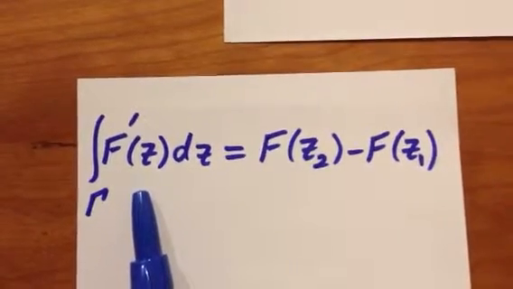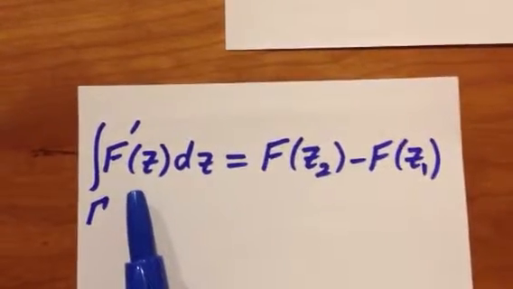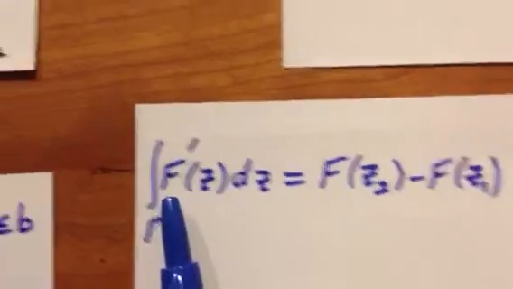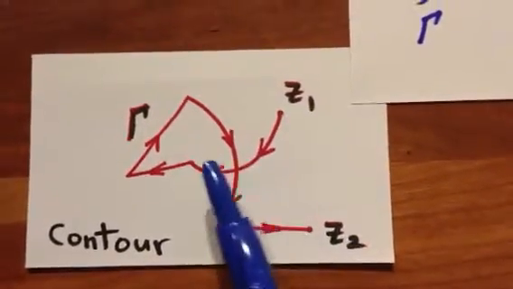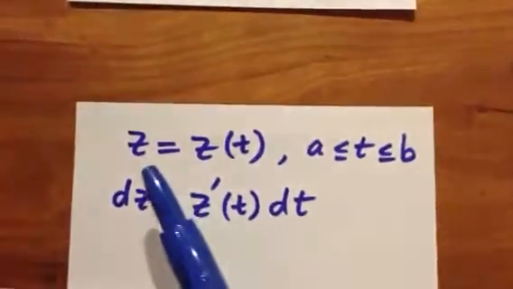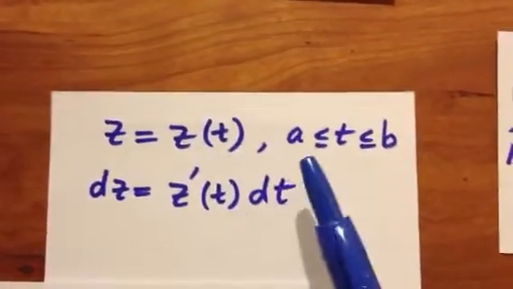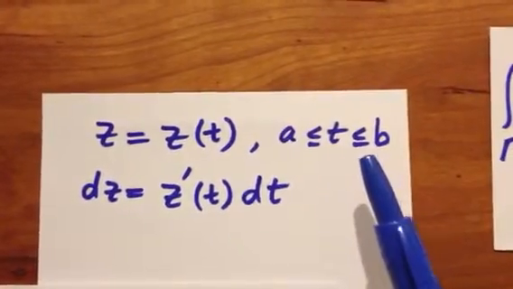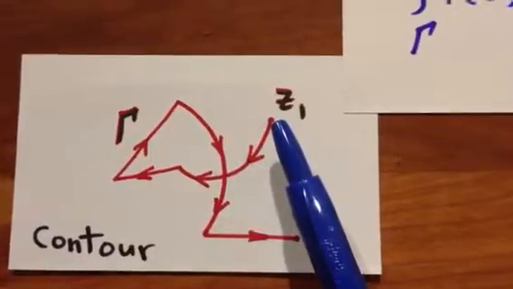Now, the other case where we don't know the antiderivative or the antiderivative doesn't exist. In that case, we parameterize the curve or the contour. So we find a parameterization z equals z of t, where t is between a and b. So in other words, at time a, the object is here.